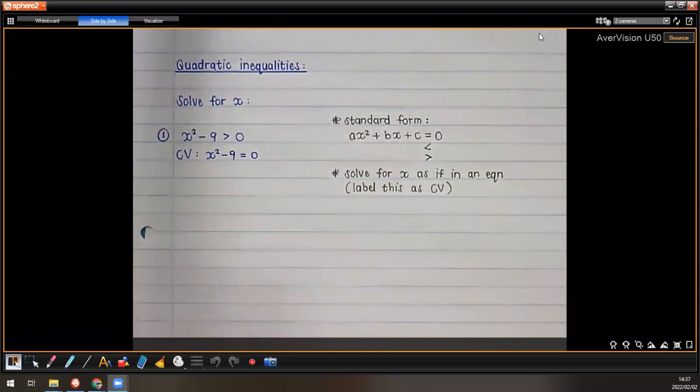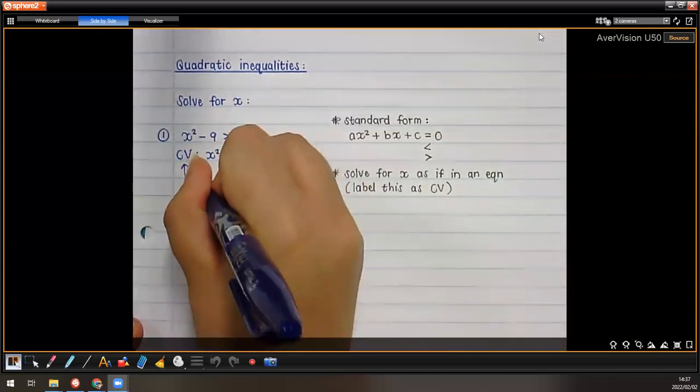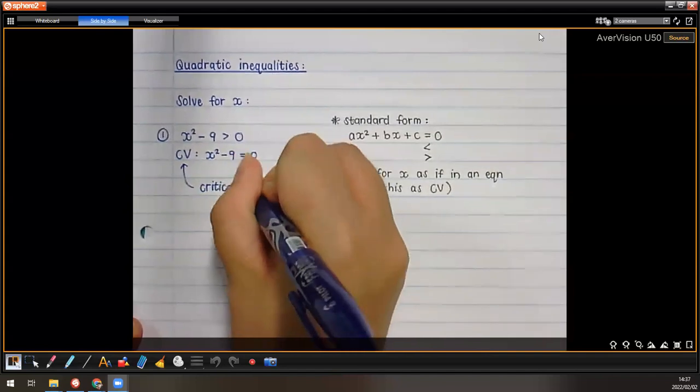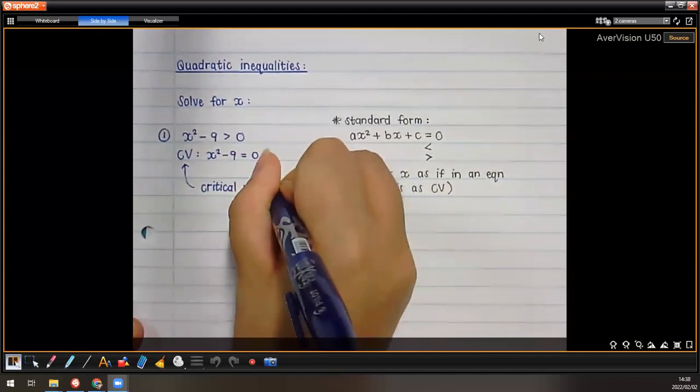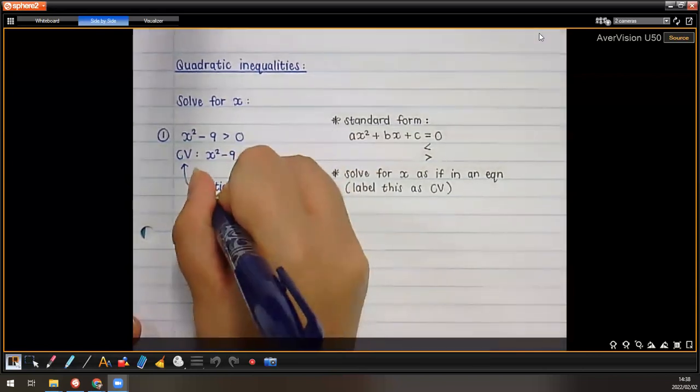Now, CV is short for critical values. We are going to talk about critical values quite a lot going forward in this grade. So I'm just going to make a note here at the bottom. CV stands for critical values. And critical values is literally values where the expression is equal to 0.